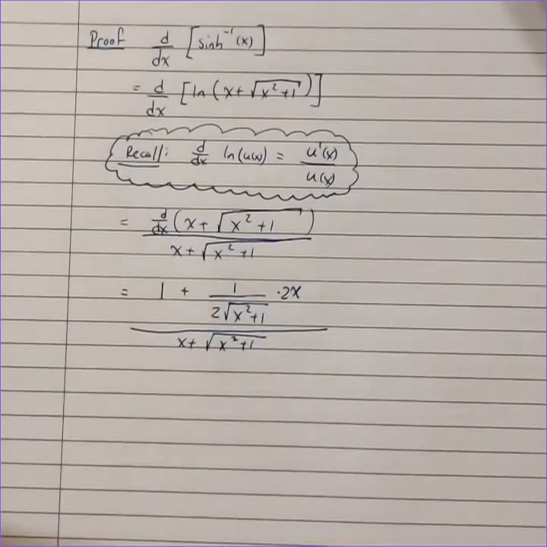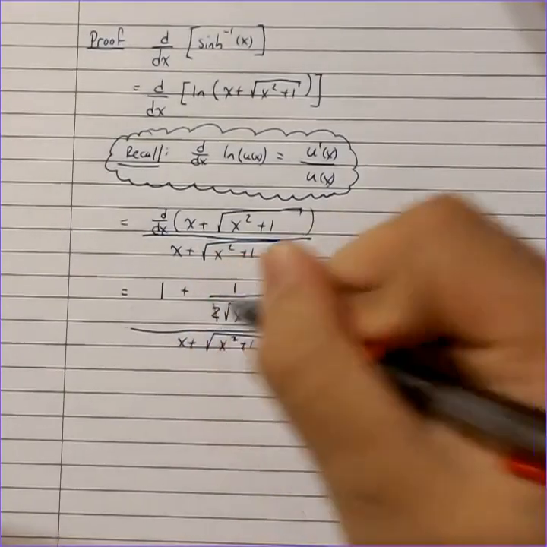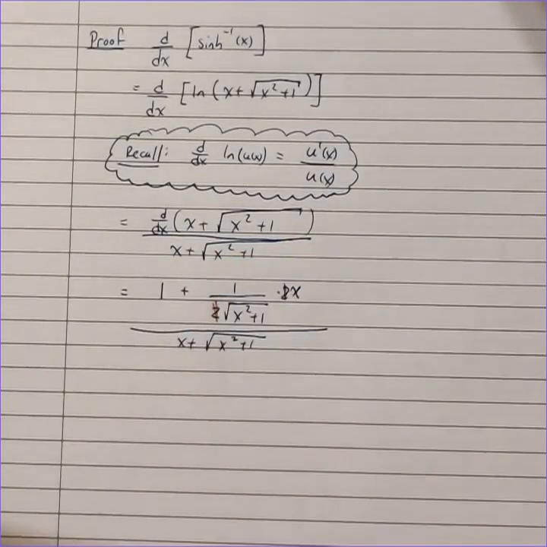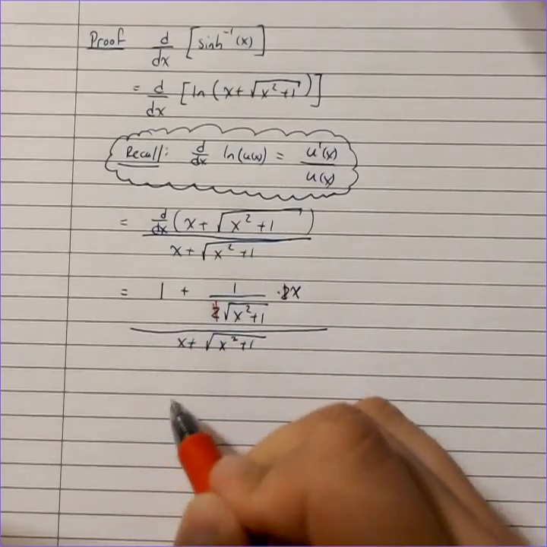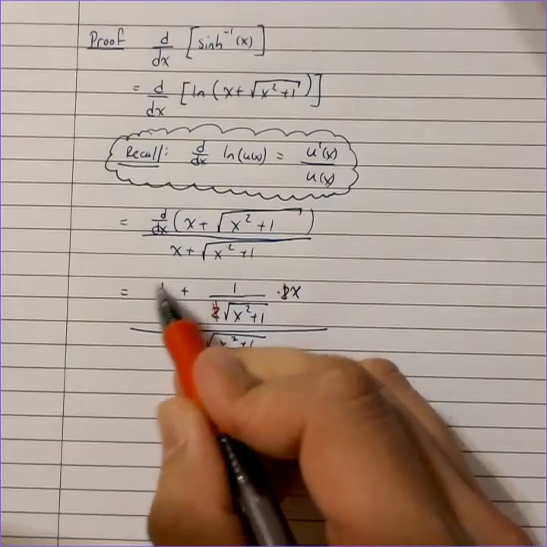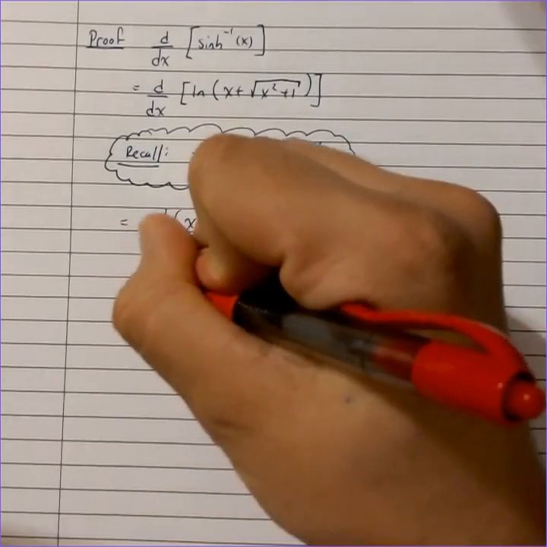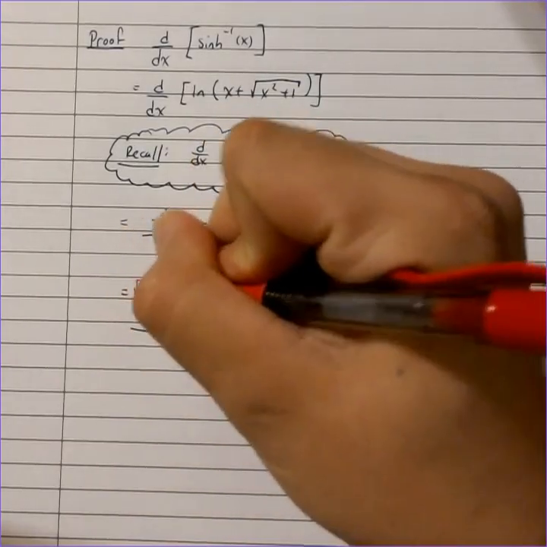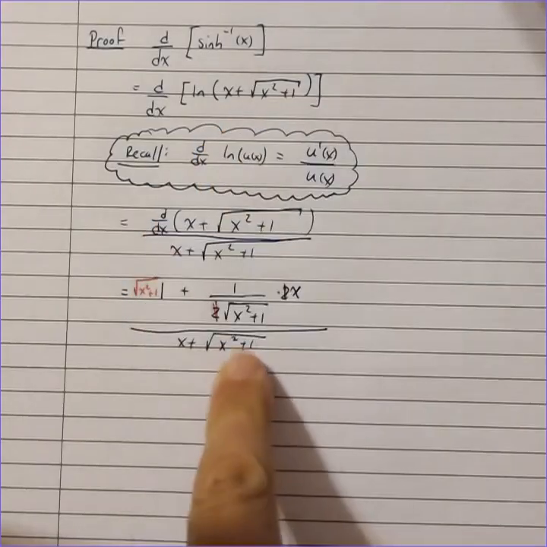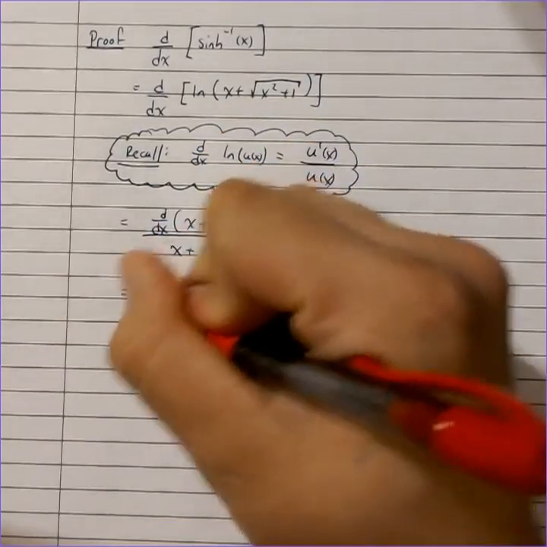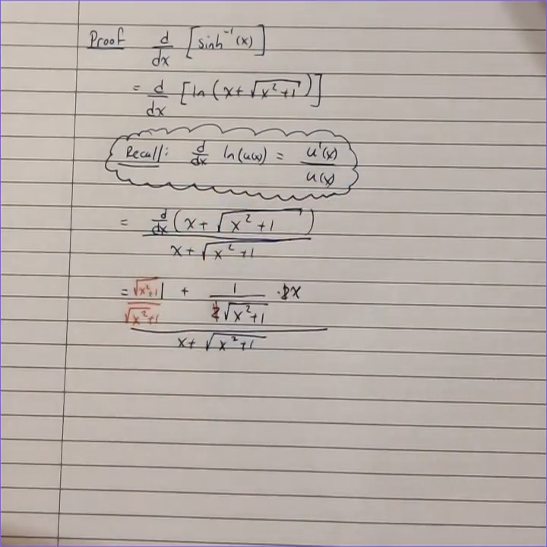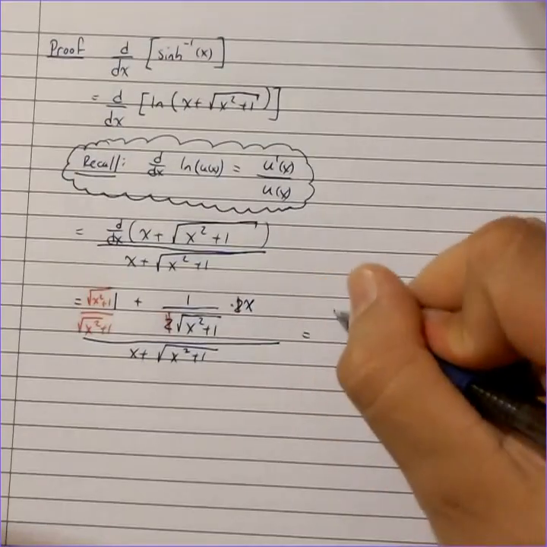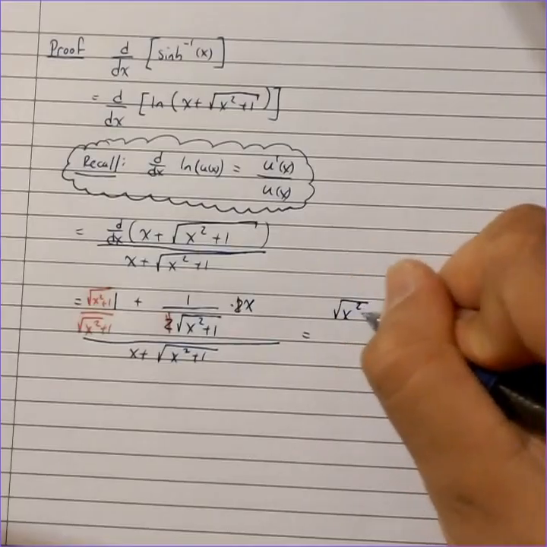All right, so now let's start simplifying. First of all, you'll notice that those 2's divide away. And you'll notice that I can combine these as long as I give them a common denominator. And since that's the number 1, the common denominator is very easy to create. You just multiply top and bottom by that other denominator. So now we have the square root of x squared plus 1.